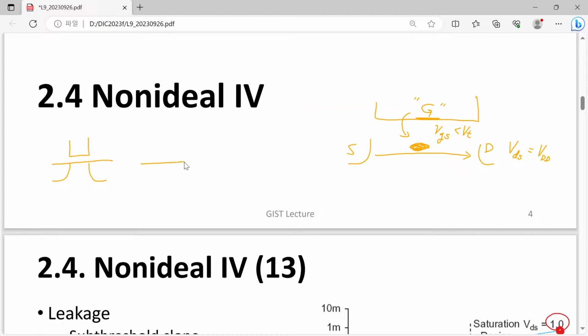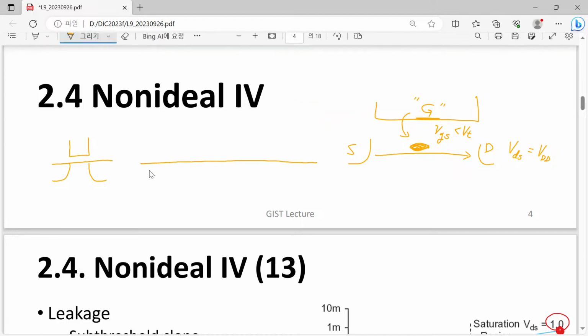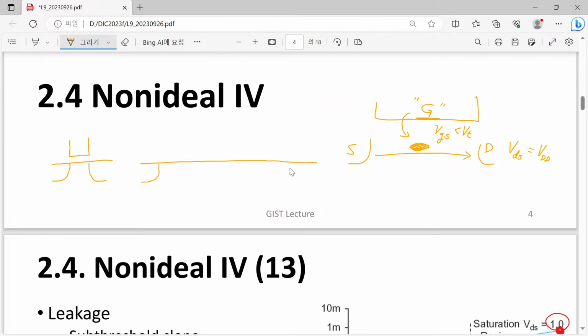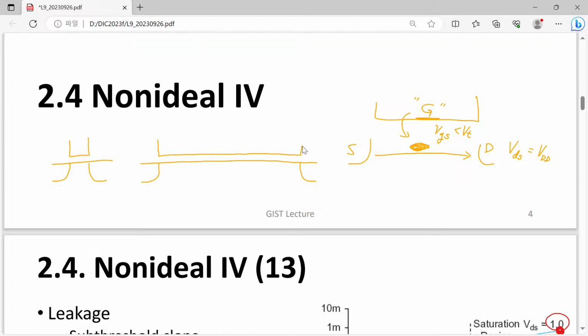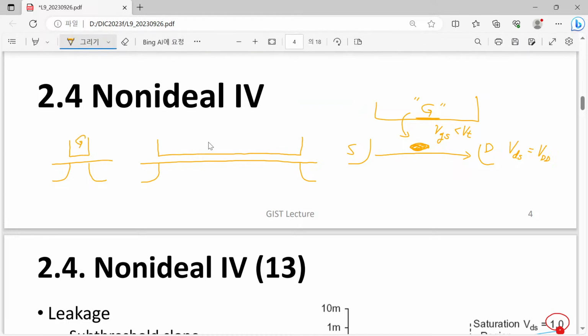Then another device. Which one has better control of gate over the channel region? Or which one has weaker controllability of drain over channel region?